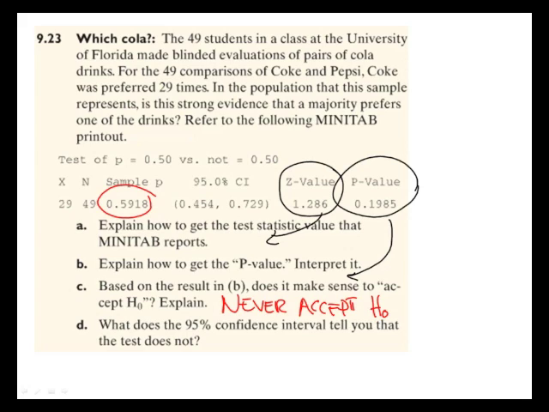What does a 95% confidence interval tell you that the test doesn't? It tells you exactly the range that will most likely hold the true population proportion.